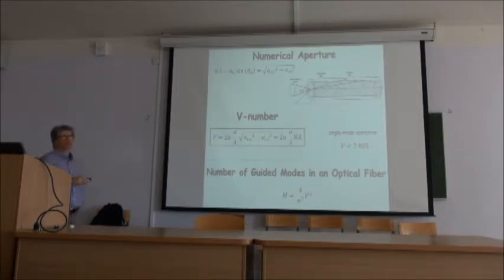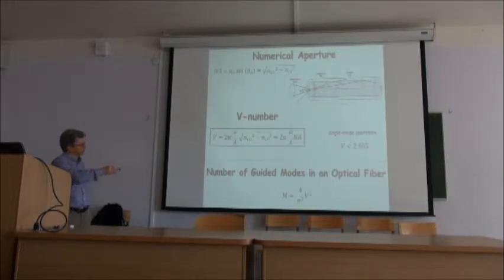Similar to when we studied the slab waveguide, we define a V number that is nothing else than the normalized thickness of our waveguide. Here we have a normalized diameter of the waveguide, normalized by the wavelength. This V number also has this constant present, very similar to what we had before on the slab.